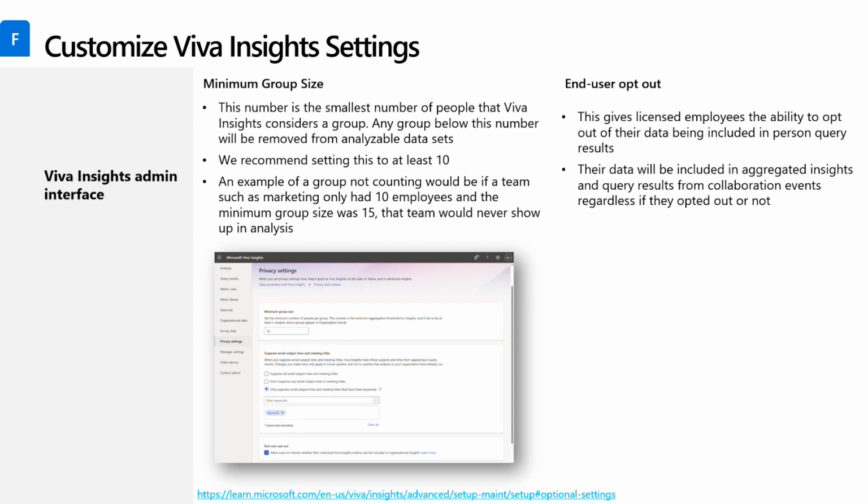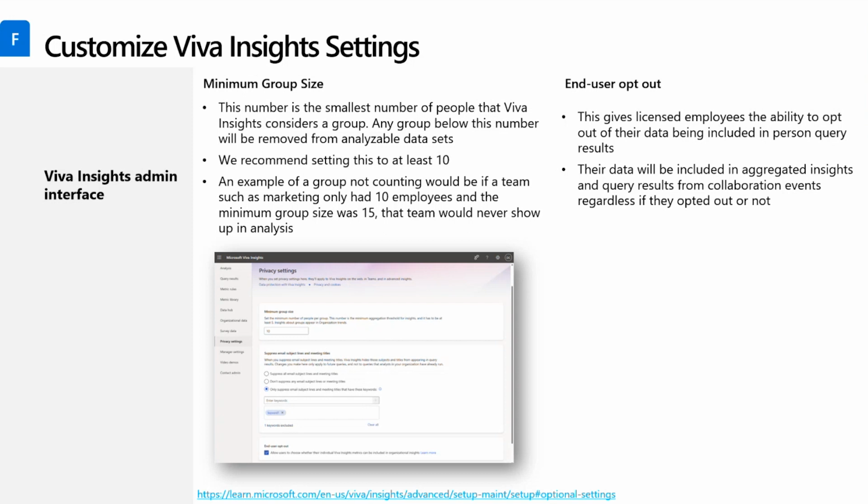So the data will still be included in aggregate insights and query results from different collaboration events, like our meeting query, for example, regardless whether they've opted out or not. But it gives users additional flexibility to opt out of having their data be included in query results that the analyst would use.